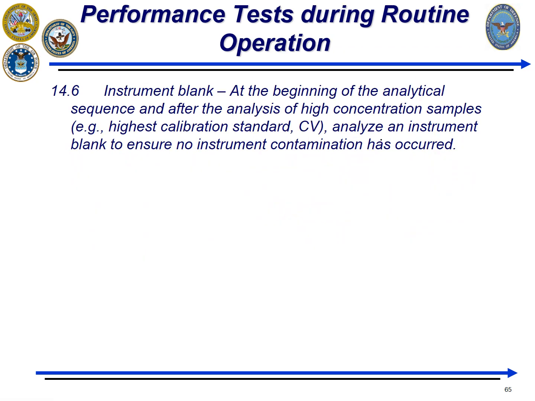The method requires instrument blanks to be analyzed at a frequency of at the beginning of the analytical sequence and after the analysis of high concentration samples. These include samples themselves, the highest calibration standard, and calibration verifications. As you saw in the sequence, you run an instrument blank after every CV.